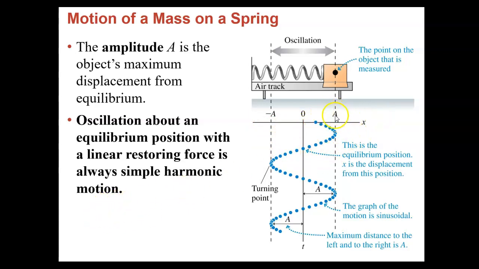So you could figure out your amplitude, the distance of maximum displacement. And because this is your time interval, if you go from point A to point A and point negative A to point negative A, those time intervals are the same. And that time interval from this point to this point is your period.